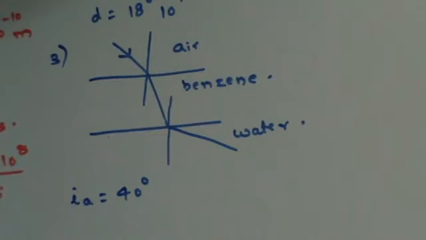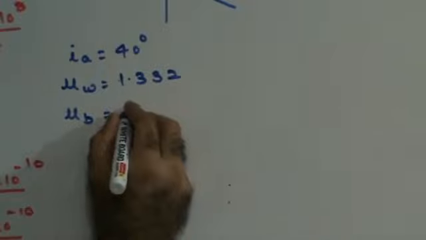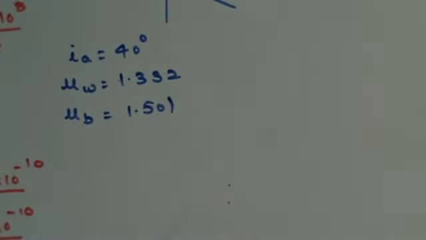Also find the net deviation produced, if the refractive index of water is 1.332 and the refractive index of benzene is 1.501.